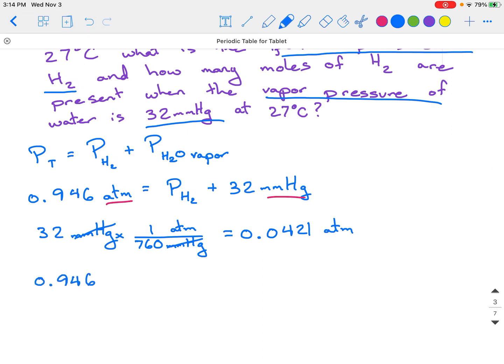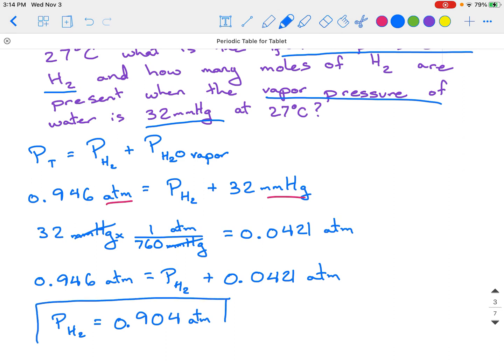So I've got 0.946 atmospheres, our total, equals our pH2 plus 0.0421 atmospheres. If you solve for pH2, we end up with 0.904 atmospheres. Oops, somehow I missed the T. All right, that's our first question, what is the partial pressure of H2? There you go. We've solved for that.